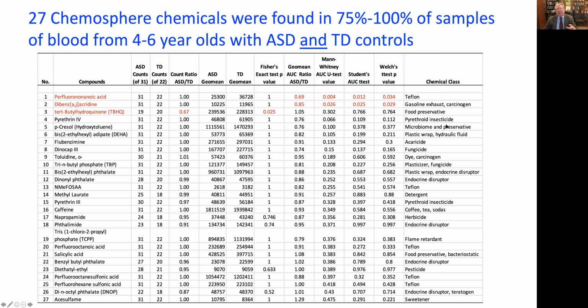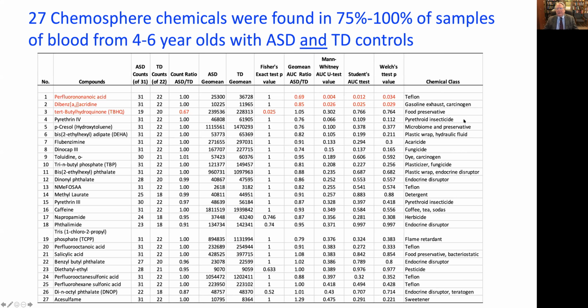But the bigger message is that there are dozens to hundreds to potentially thousands of chemicals that are detectable in the blood if you look. We looked for 1,000, but there are many thousands more that could be looked at. And what we find is this is the tip of the iceberg.